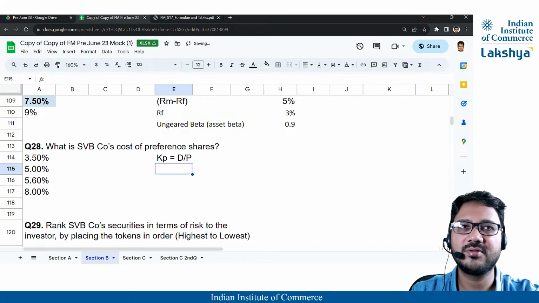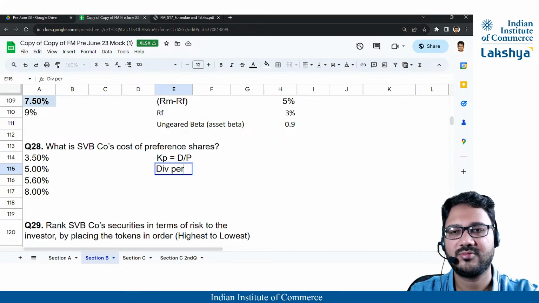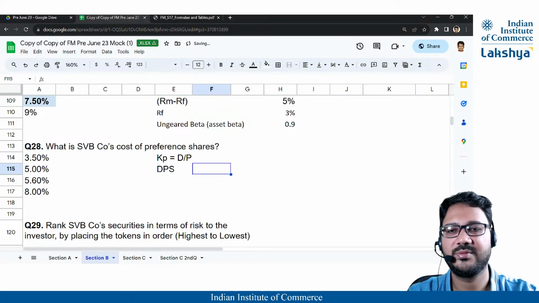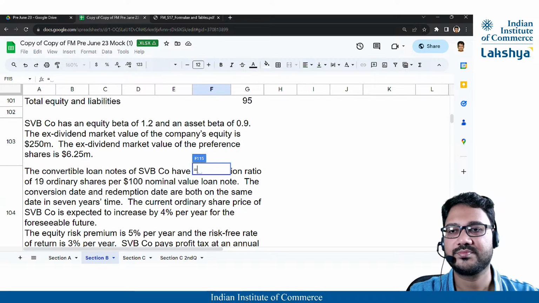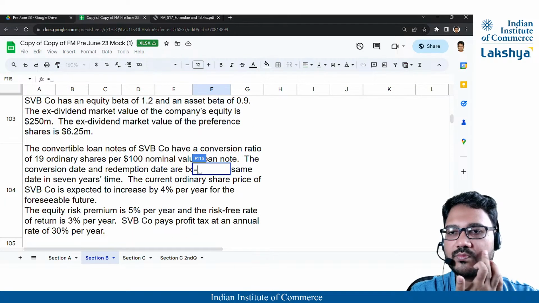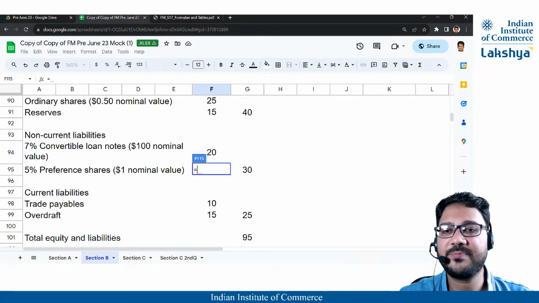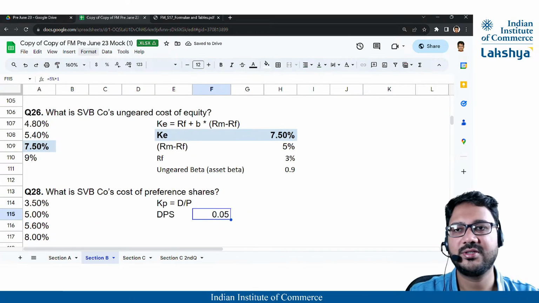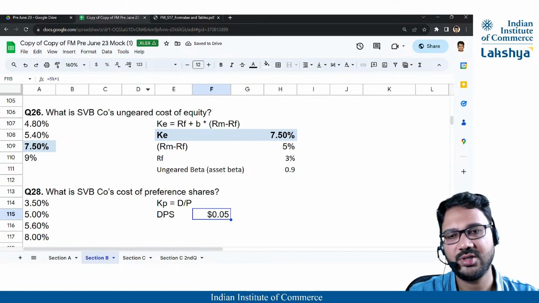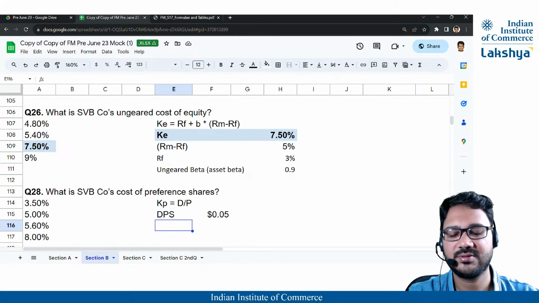Dividend per share, DPS, is 5% on a nominal value of $1. So dividend per share, in dollar terms, is this much. Now, dividend divided by price. So what is the price?